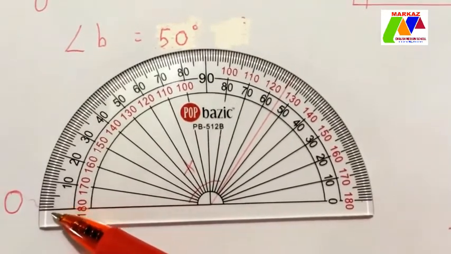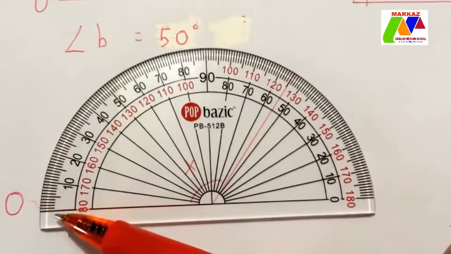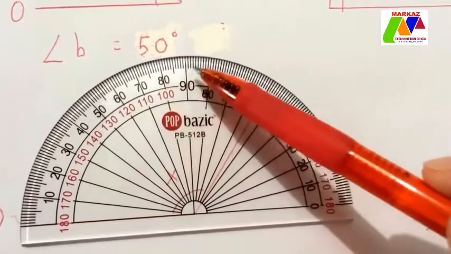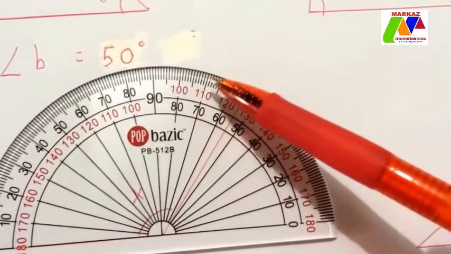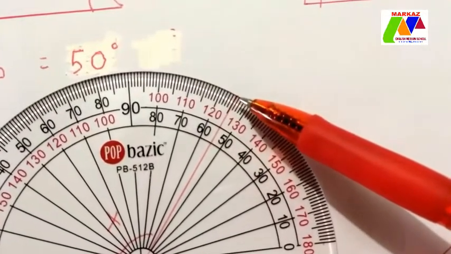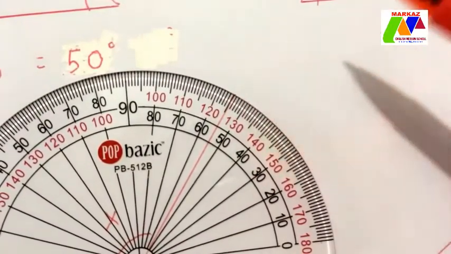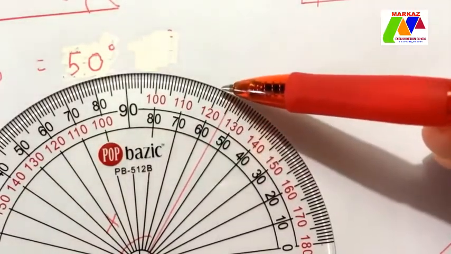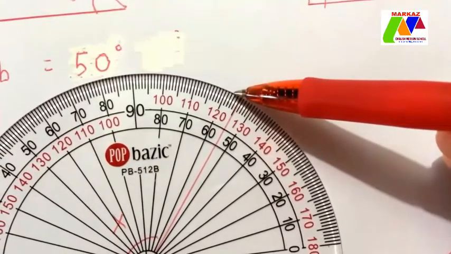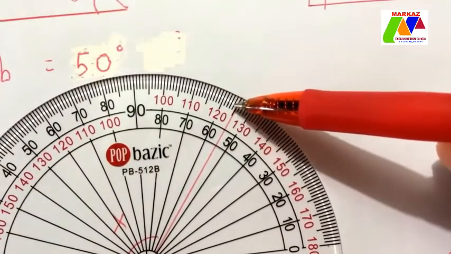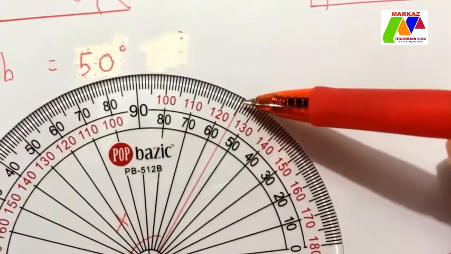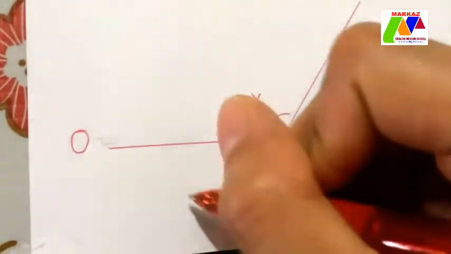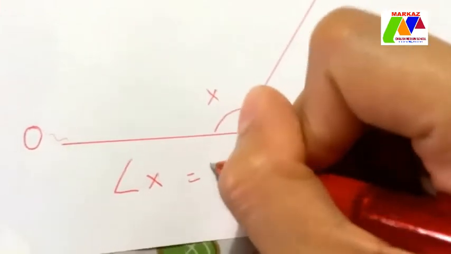Count 10, 20, 30, 40, 50, 60, 70, 80, 90, 100, 110, 120, then 121, 122, 123, 124, 125. So, angle X is equal to 125 degrees.